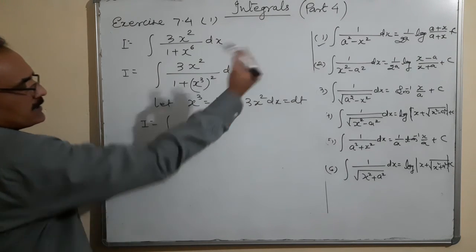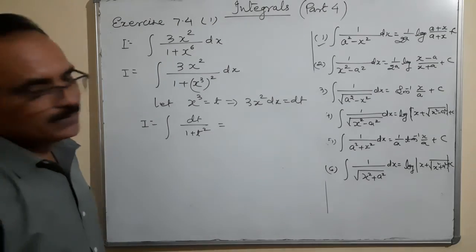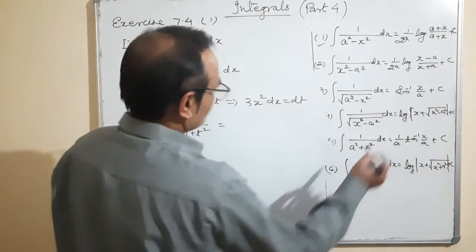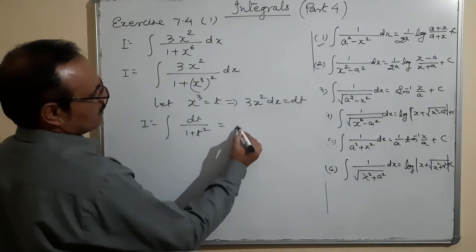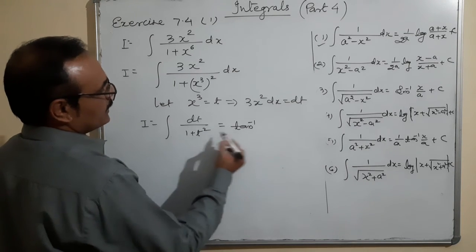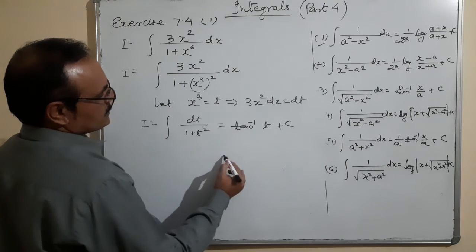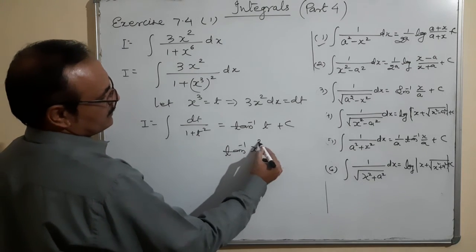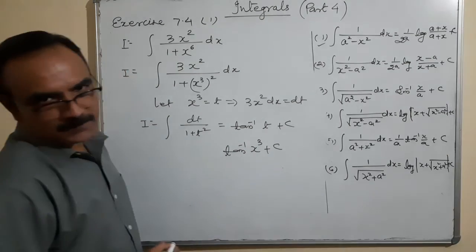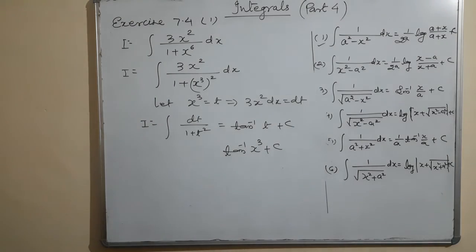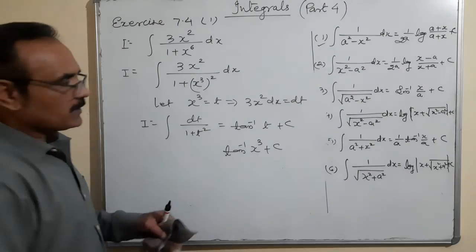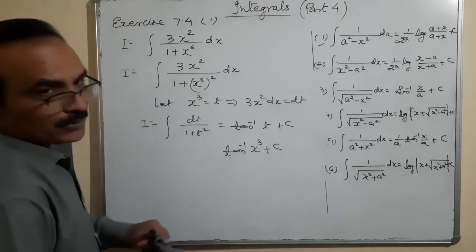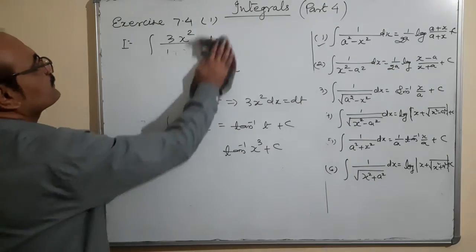Which formula is this? It is the formula 1 upon a tan inverse x upon a, so it is tan inverse t, and t is x cube, plus c. So in all these questions, we convert into the formula format and put the value directly.